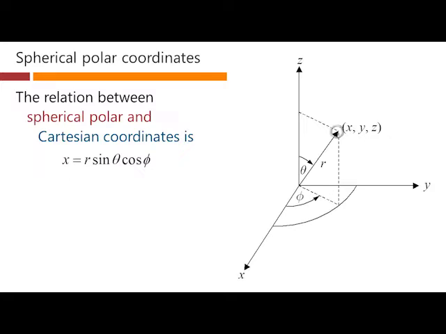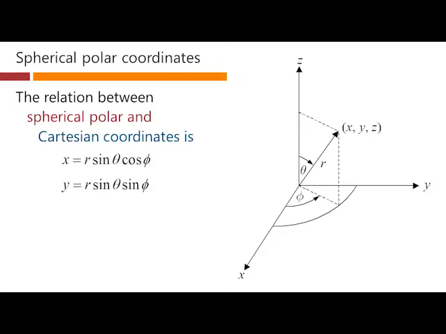That is, if we take our vector r, with this length r, and we project it onto these axes, the x-coordinate component will be this component of r projected onto the plane, so that's r sine theta, and then that component on the plane projected onto the x-axis, which is r sine theta cos phi.